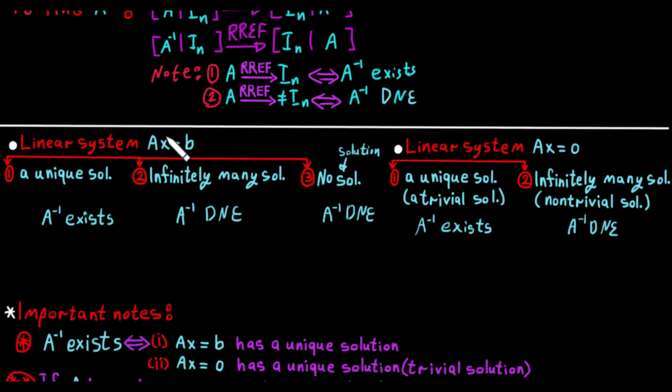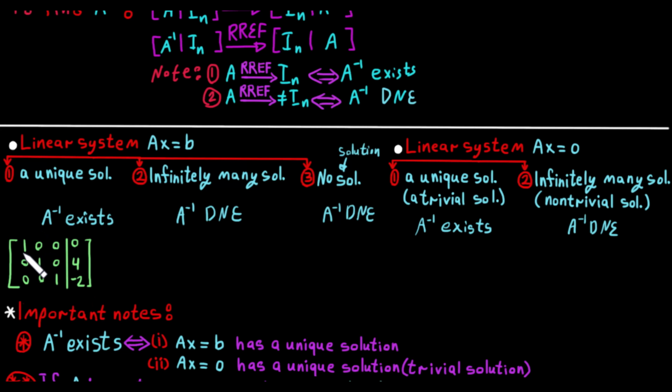Let's say you have a 3 by 3, so it looks like this: 1 0 0, 0 1 0, 0 0 1, and here the line of the augmented, and here let's say you have 0, and here you have 4, and here you have -2, for example.